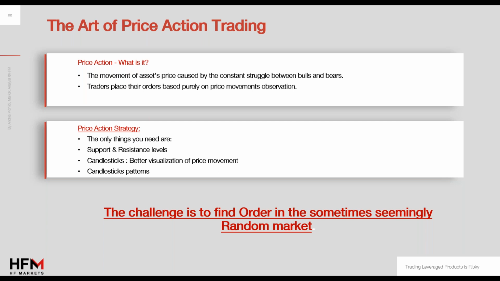There are many short-term traders relying exclusively on price action to make trading decisions. And why short-term traders? Pretty much because if you are a very short time frame trader, a minute, 5 minutes, 15 minutes, indicators are slow to provide a signal.